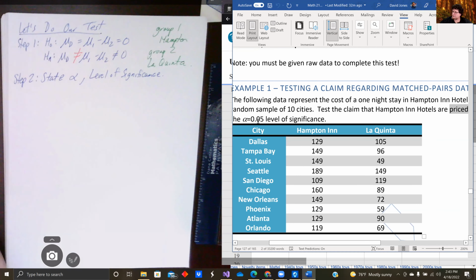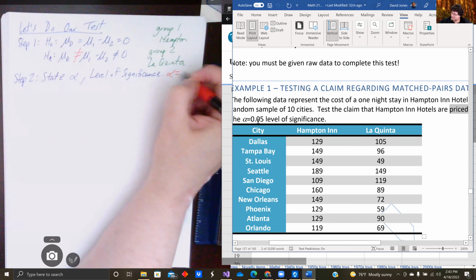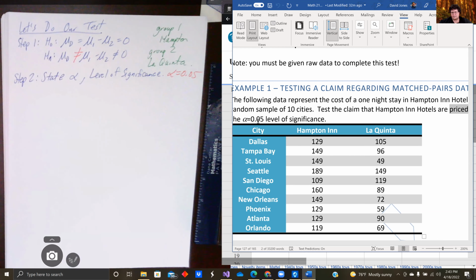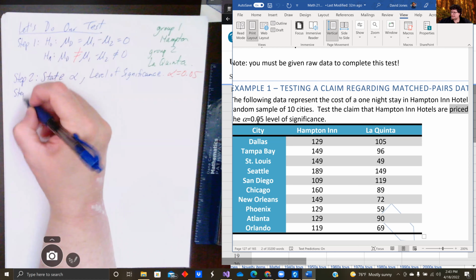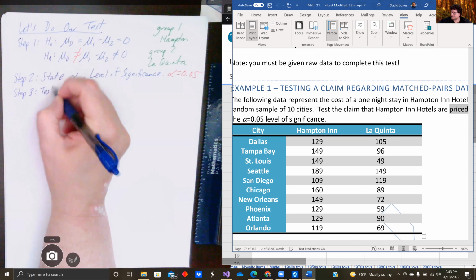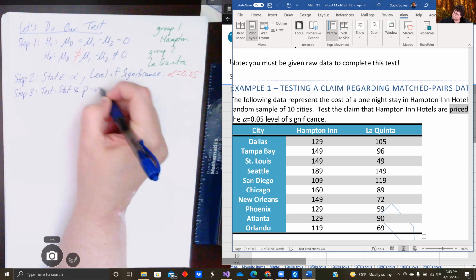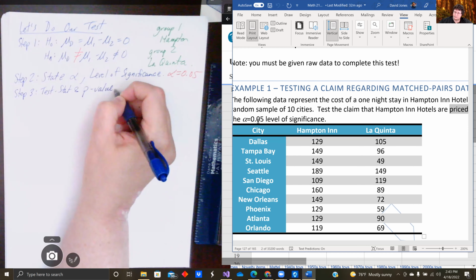Alpha equals 0.05. I'm going to do that in red so I can find it a little bit easier later. Step 3 is get the test statistic and the p-value. And for that, we go to StatCrunch.